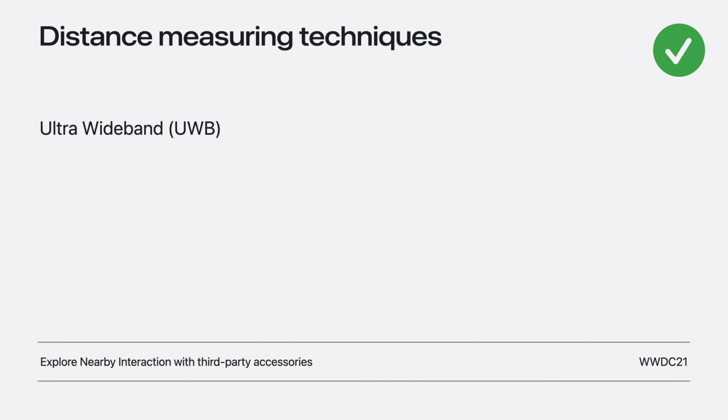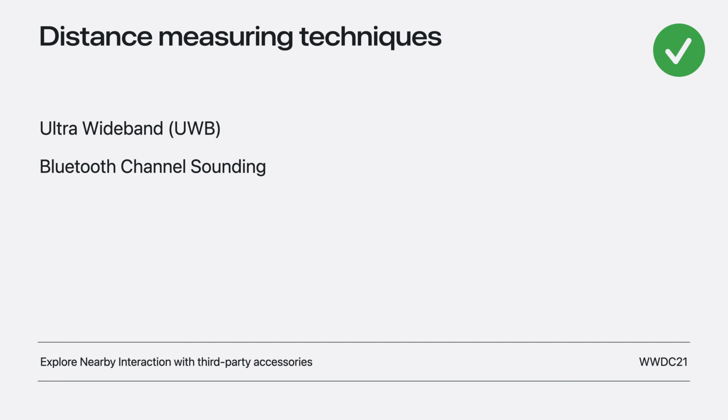There are a couple ways to measure distance and direction to third-party accessories on iOS. For the best accuracy, you can add an ultra-wideband chipset to your accessory and use the Nearby Interaction framework in your app. For more information on this, watch the video Explore Nearby Interaction with Third-Party Accessories.